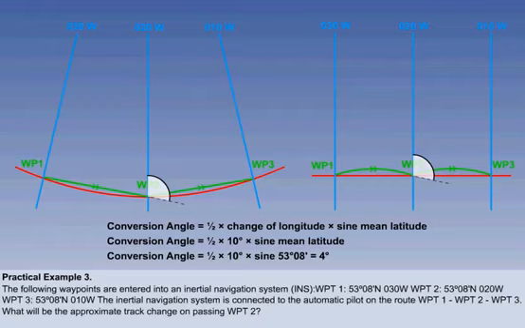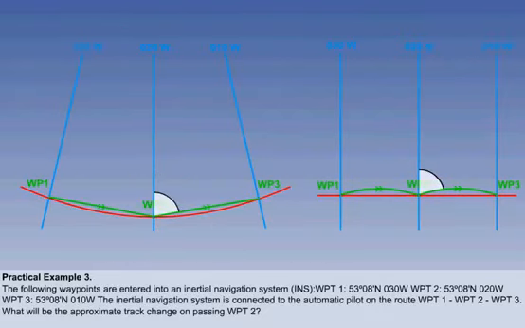You should have answered 094. And what is the great circle track angle immediately after the waypoint changeover? It's 086. So at the waypoint changeover, there is an instantaneous track reduction of 8 degrees.